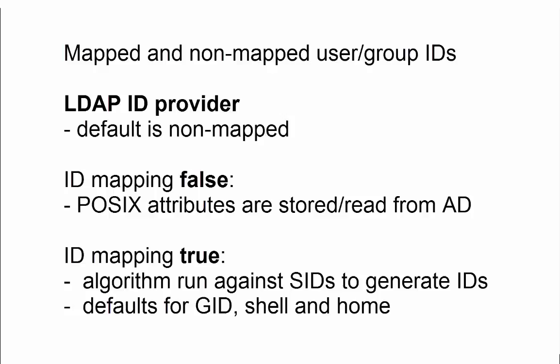System defaults for home directories and shells will be used unless otherwise configured. The default ID mapping setting for the LDAP provider is false, and user and group attributes are stored in our Active Directory server. So, for our example, no ID mapping configuration changes are required.